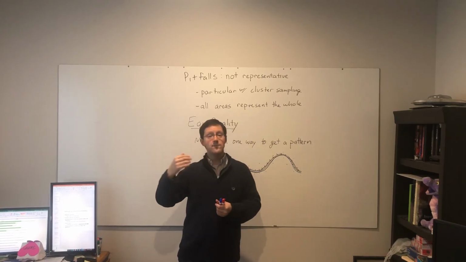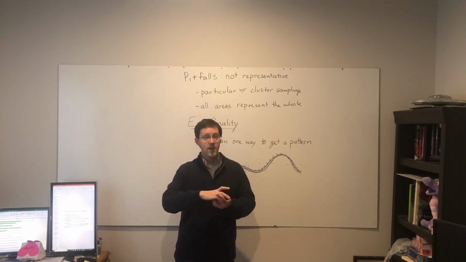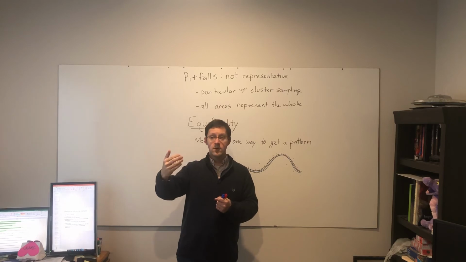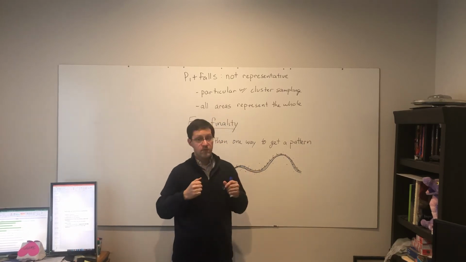This relates then back to the sampling and representativeness. If we make sure we have a good spatially representative sample, we might be able to rule out some of these issues.